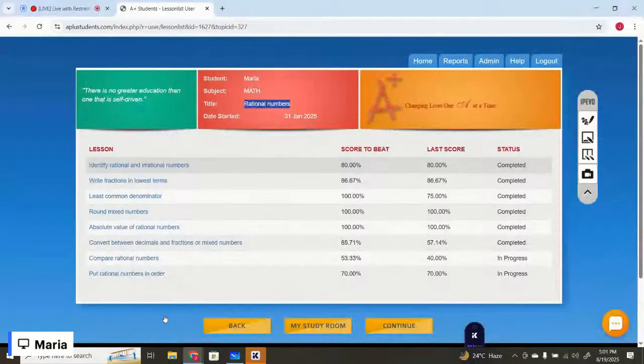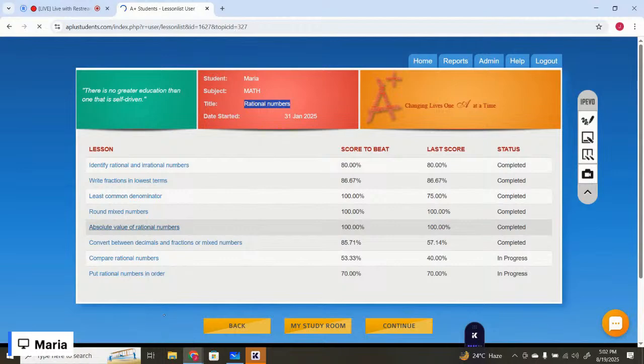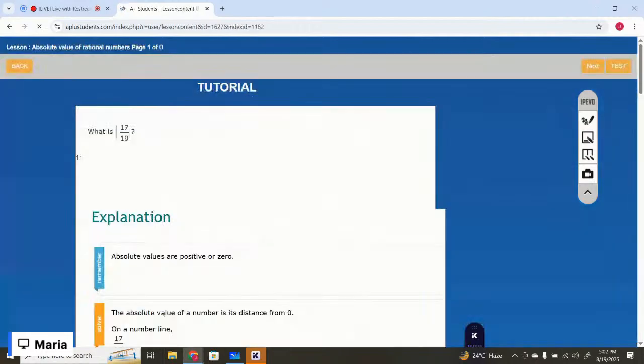So here I'm on grade 8 math. The chapter we're on right now is rational numbers. Let's just start with the lesson that is absolute value of rational numbers. What is the absolute value of 17 over 19?